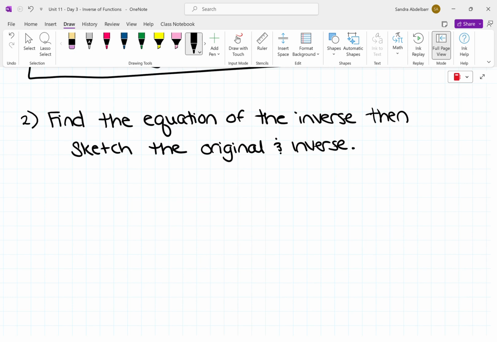Yes? If it doesn't ask us for domain and range, why are we calling it? You'll see in this problem why it's so important.